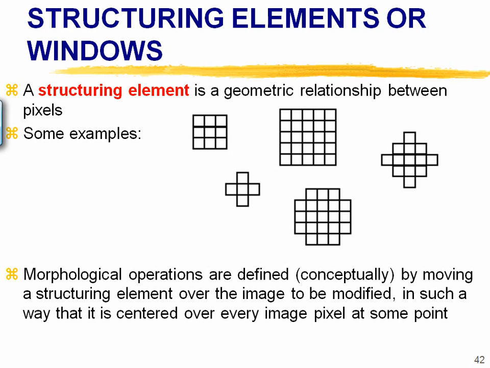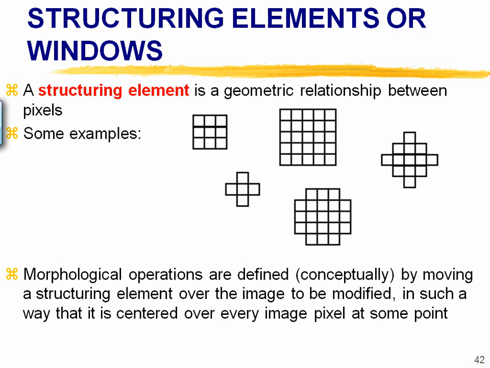And the number of pixels that we perform the operation on is given by a structuring element that can be of different size and so on. So if you think of structuring elements for now as windows, these are all potential windows. Each one of them has a different size and a different shape.